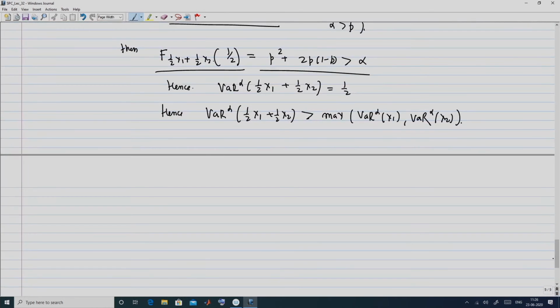Okay, so let us come to the main point in actually bringing this example into the picture, and this means that the risk of a diversified portfolio or a diversified position as measured by var.